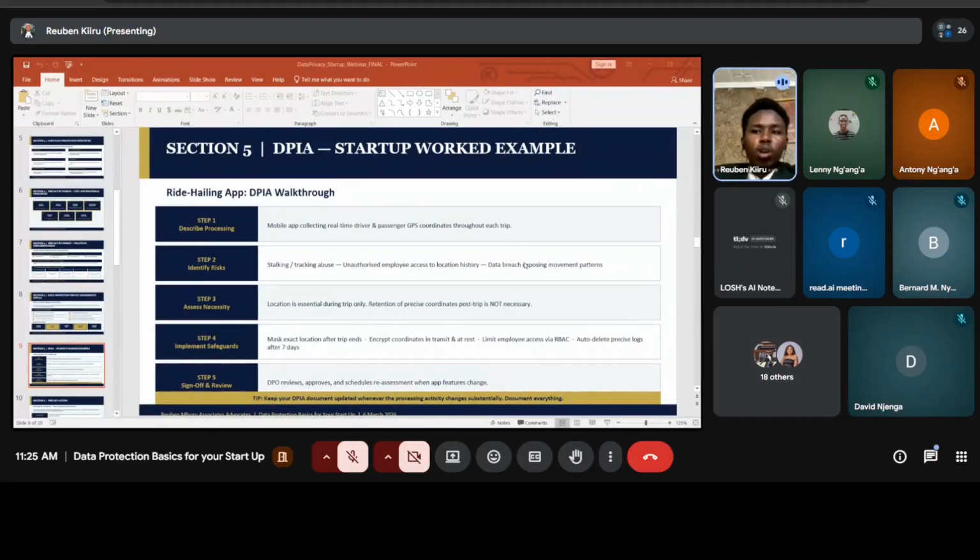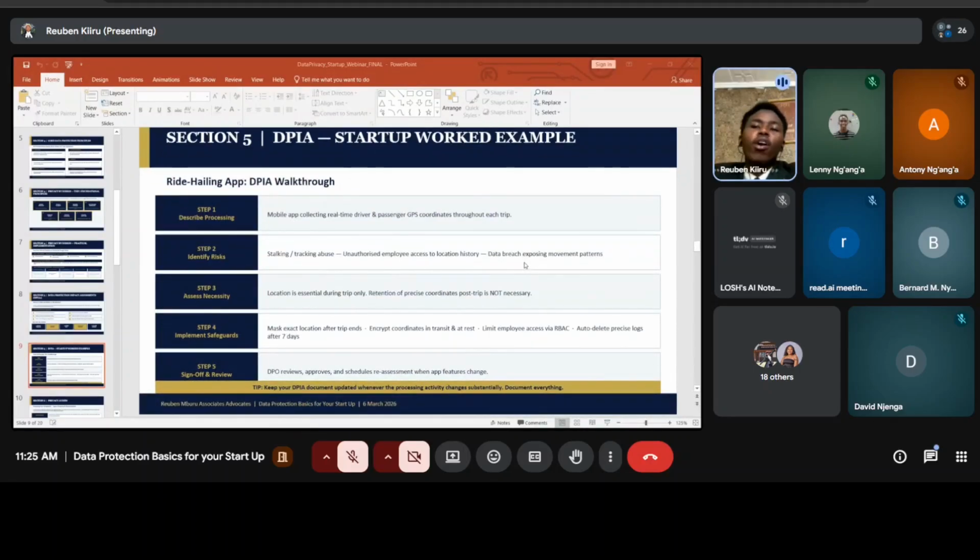We can mask locations, encrypt this location data, limit employee access through role-based access, RBAC, and auto-delete precise logging after a few days. Then you have a sign-off and a review process. Now another interesting concept would be something like Strava. With Strava, there's location sharing that occurs.